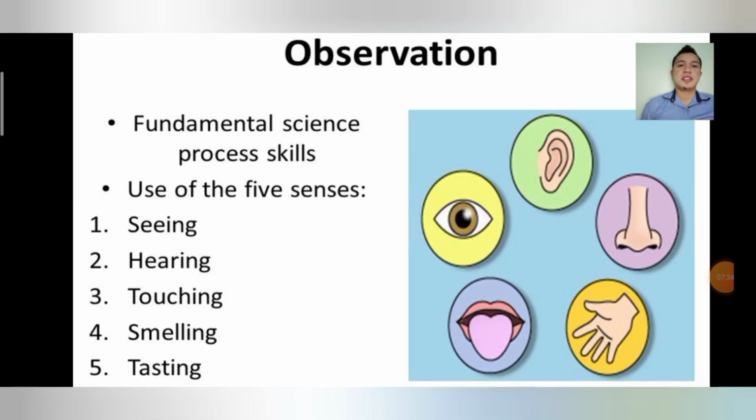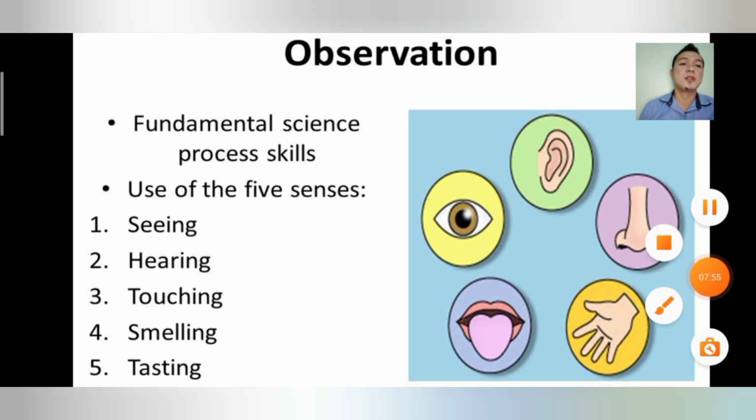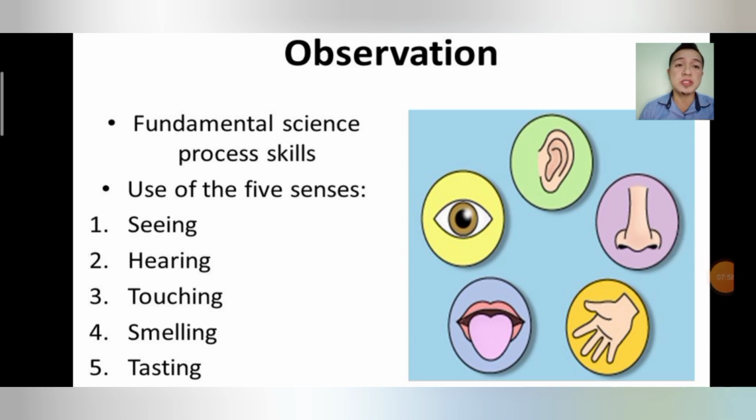Observation is actually the fundamental science process skill that uses the five senses of our body. Number one, we have seeing, hearing, touching, smelling, and tasting. Those are the five senses being used in observing things around us.